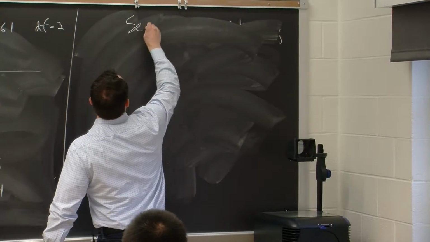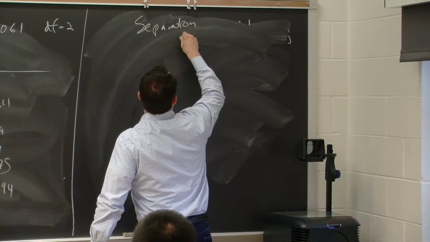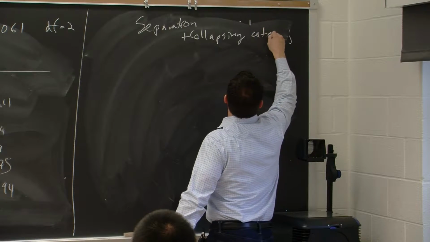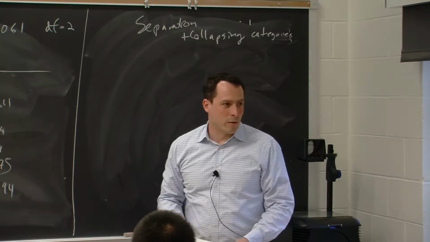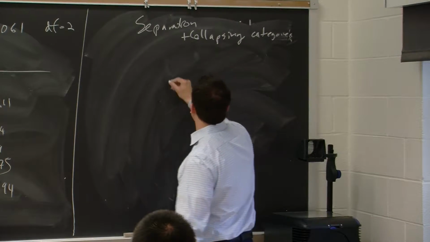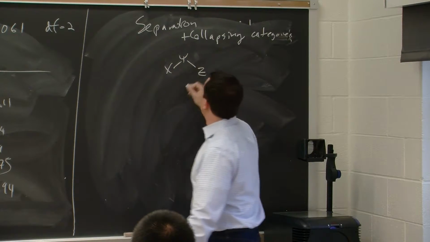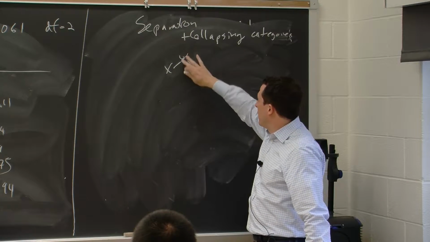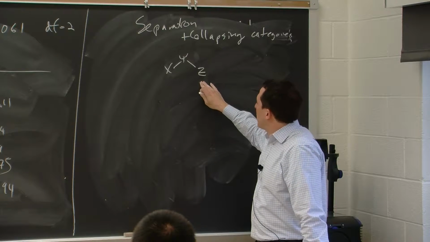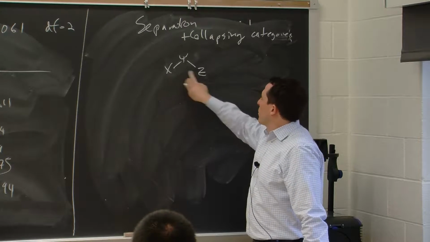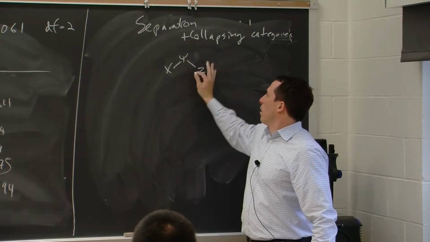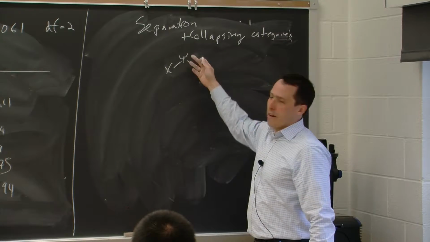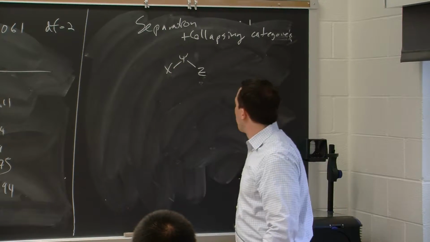So last time we were talking about this separation and collapsing categories, when can I know that I don't have an instance of Simpson's paradox? Right? If I have like x, y, z, if I collapse over y and I have the conditional independence x is conditionally independent of y given z, I could easily get a case of Simpson's paradox. If I want to collapse x or collapse z, so sort of contract away part of this table that depends only on the rest through that variable, then I don't have to worry about it. Right? That's what we said.